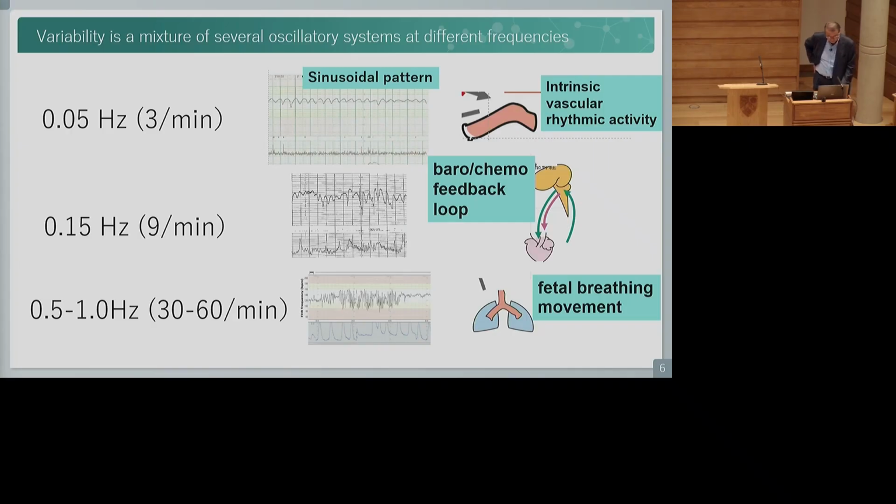At higher frequencies, around 0.5 to 1 Hz, fetal breathing movement contributes additional fluctuations. Therefore, baseline variability is not a single phenomenon, but a result of several physiological oscillators interacting with each other.